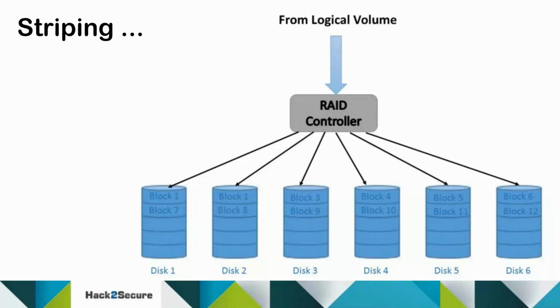As the block sequence forms a series of strips across the disks, this arrangement is referred to as striping. Data is distributed a strip at a time, meaning each bit of data is stored in a block of the strip, the next bit goes to another block on the same strip, and so on. Once all blocks are filled in a strip, filling of another strip starts.